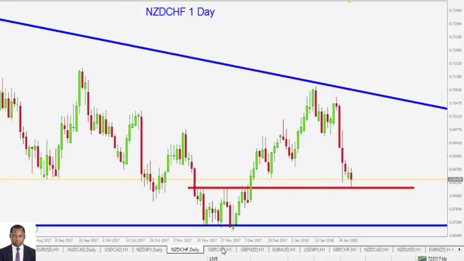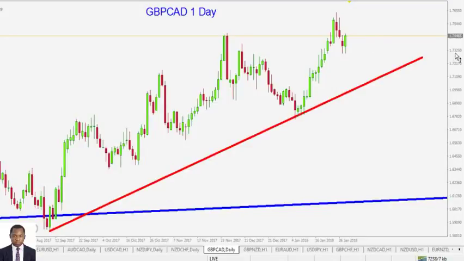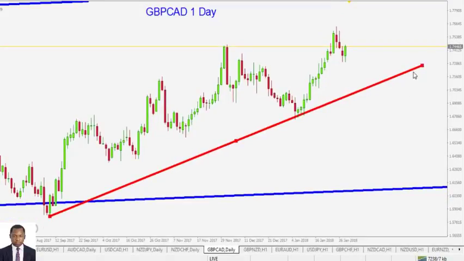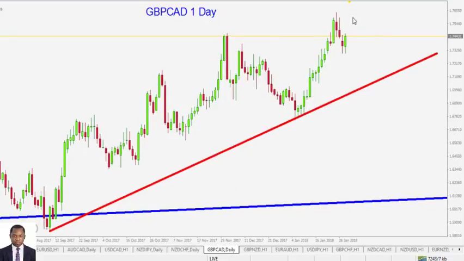All right, next one is the sterling pound against the Canadian dollar. This is the daily time frame. Here we have this trend line. It's a solid trend line, this one here. We got this area broken before. Price is still finding support around that zone. Let me see.